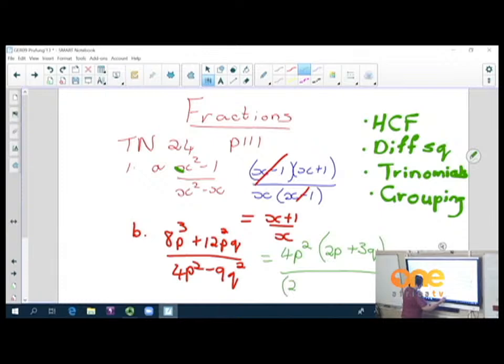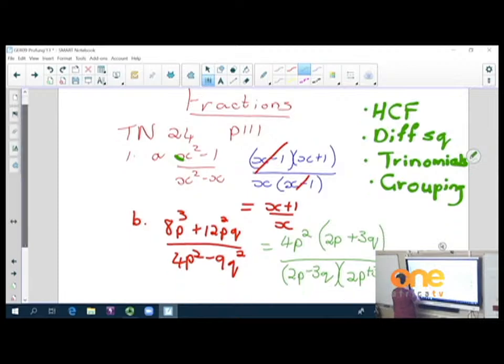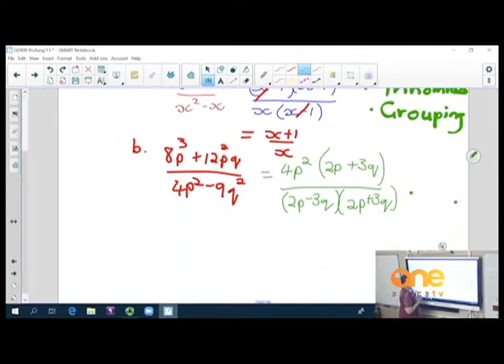So it will be 2p minus 3q multiply with 2p plus 3q, the difference between squares. So to be able to do the sums now, we must still be able to factorize. Now this 2 can cancel out, and the answer is then 4p squared over 2p minus 3q.